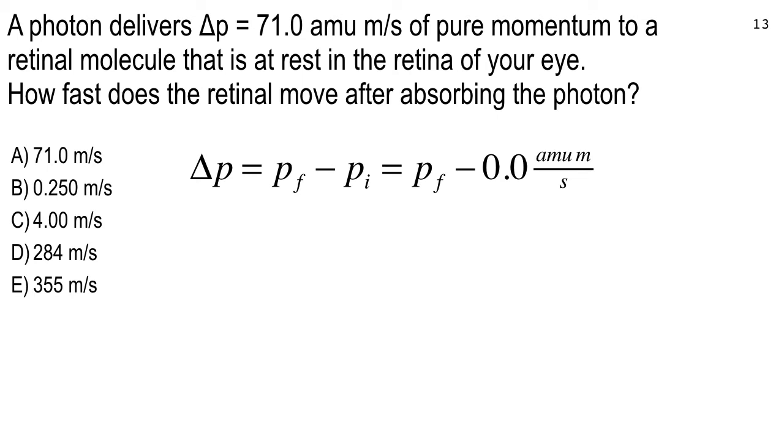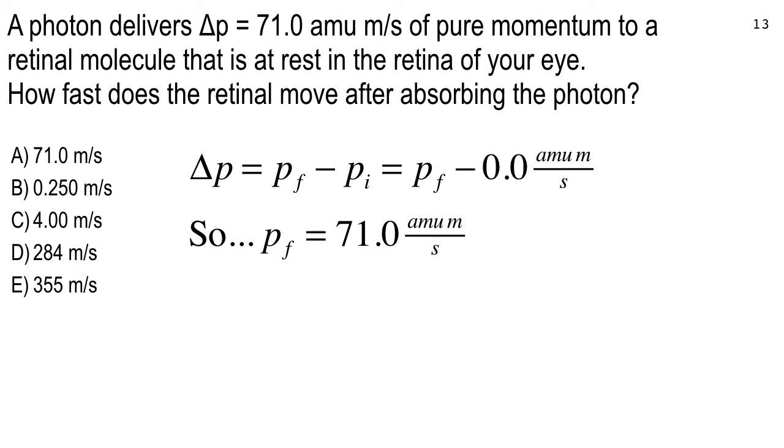Okay? And so that means whatever PF is, it comes from delta P, and delta P is 71. So we'll assume it's 71 positive going to the right, just for bookkeeping purposes. All right. So P subscript F for the retinal molecule is going to be 71.0 AMU meters per second, right?